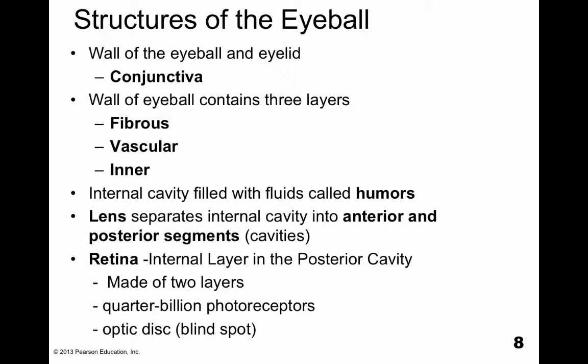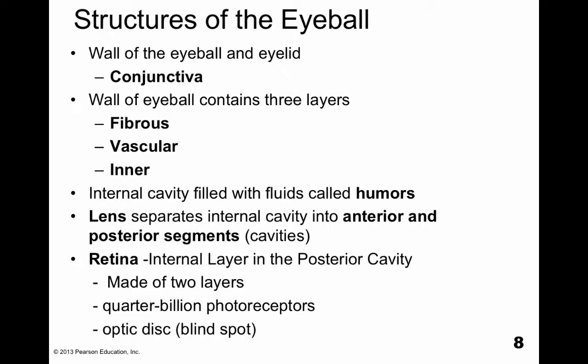The cavities are filled with this thing called humor. And basically, we're going to look at that when we dissect an eye in this class. You're going to notice that the lens is going to help separate the cavity. So we're going to have an anterior and posterior part of the eye, anterior being in front of the lens, posterior being behind. And then we're going to talk about the retina.